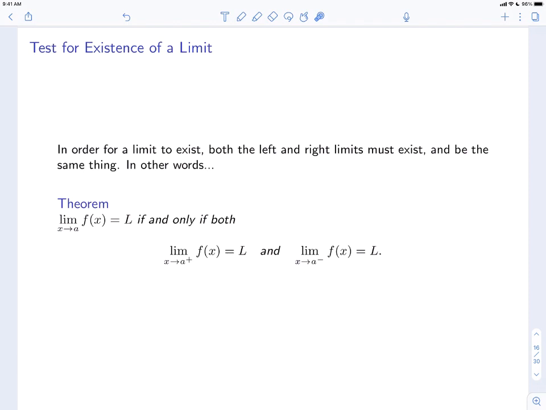So in other words, the limit as x approaches a of f at x is equal to L if and only if both of the limits from the side are equal to L. So the limit as x approaches a from the positive side, that is, x is approaching a from the right, has to equal L. And the limit as x approaches a from the left also has to equal L. So this is the right-hand limit, because the x's are approaching a from the right side, and this is the left-hand limit, because the x values are approaching a from the left side.